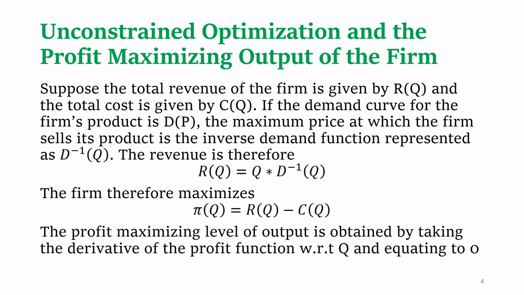That is referred to as the sufficient condition for profit maximization. So this is the condition that we use to obtain the profit maximizing level of output. If we confirm that profits are maximized via the second order derivative, then we can go ahead and obtain the profit maximizing level of output.